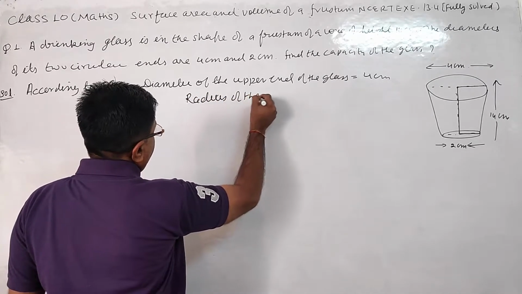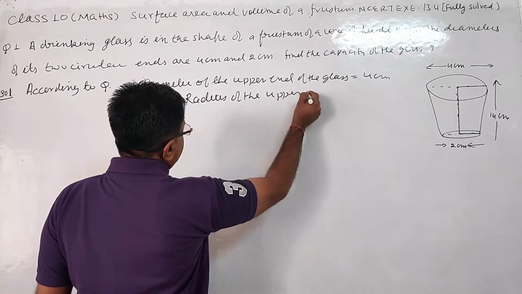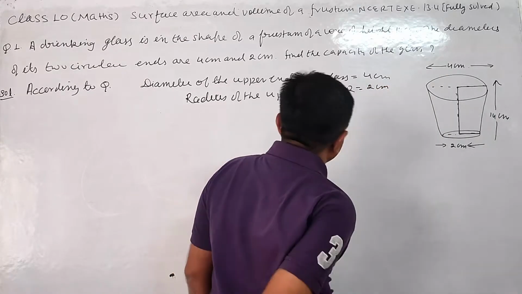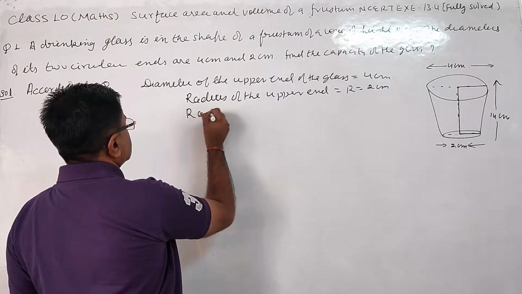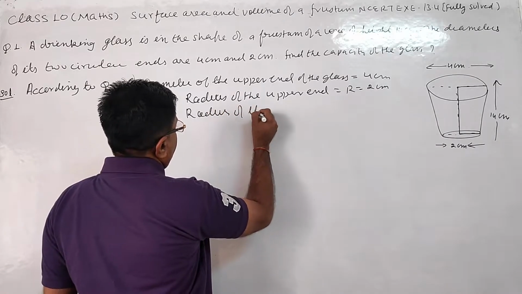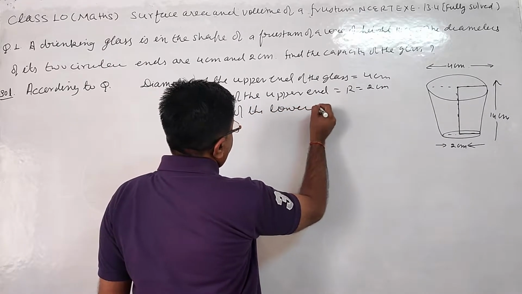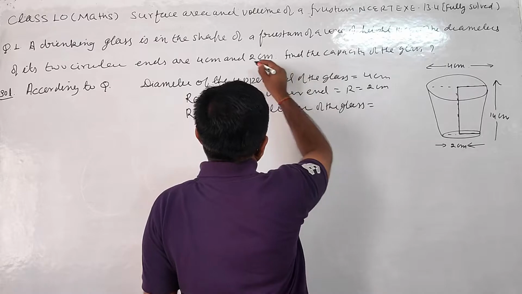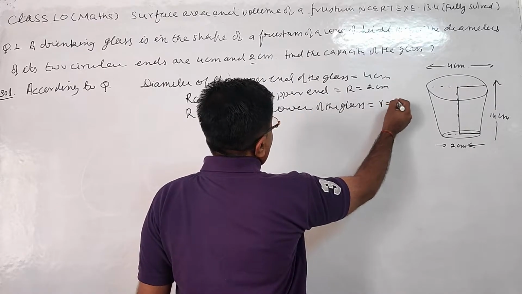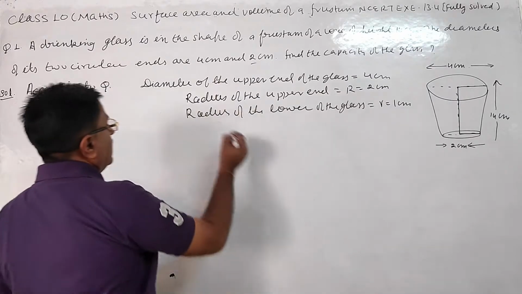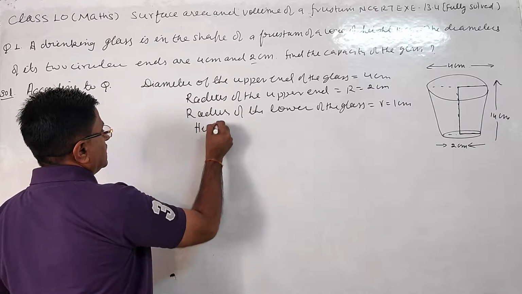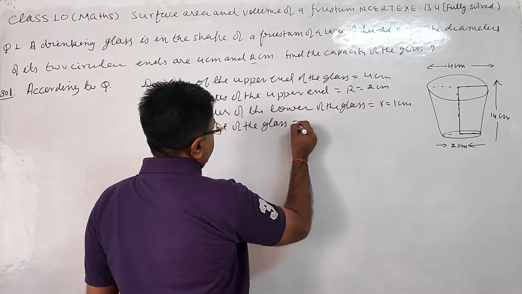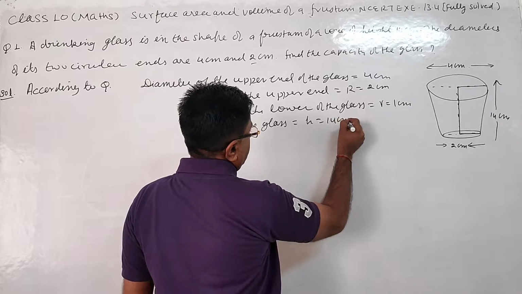Radius of the upper end, that is capital R, equal to half of the diameter. Similarly, you find the radius of the lower end. Directly we are finding. The diameter is 2, so its radius small r equal to half of the diameter. And height of the glass, that is h equal to 14 centimeter.